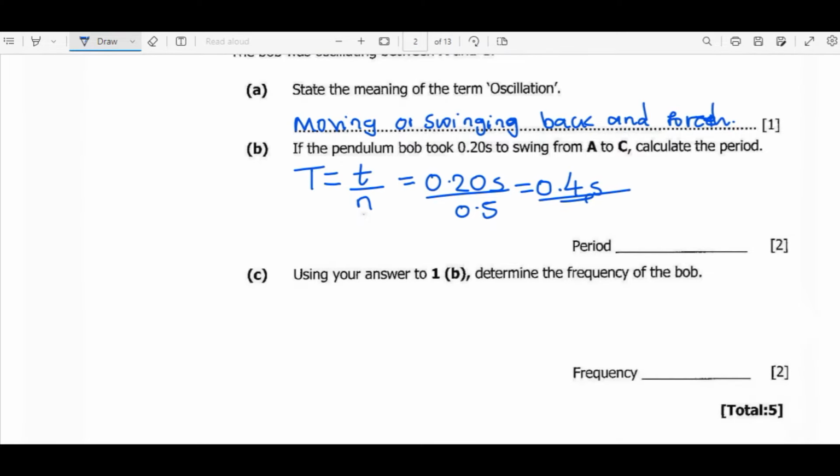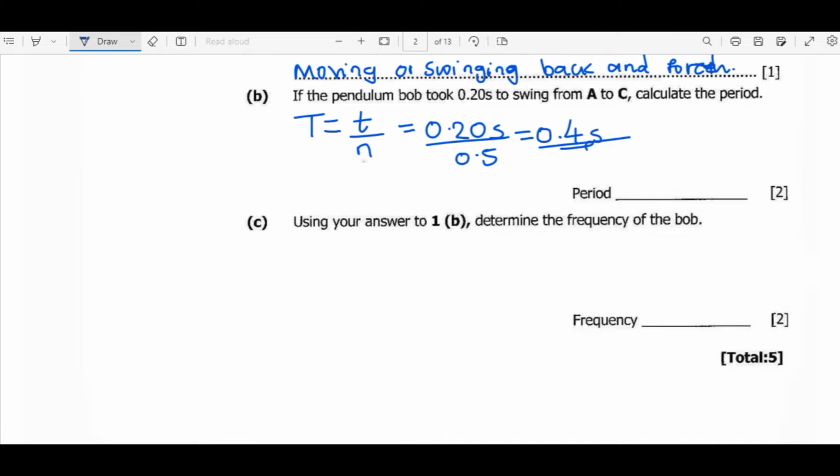Then our question C is, using your answer to 1B, determine the frequency of the bulb. The symbol for frequency is small f, given by 1 over the period, which is 1 divided by 0.4. So 1 divided by 0.4 gives me 2.5 Hz. This is our final answer.